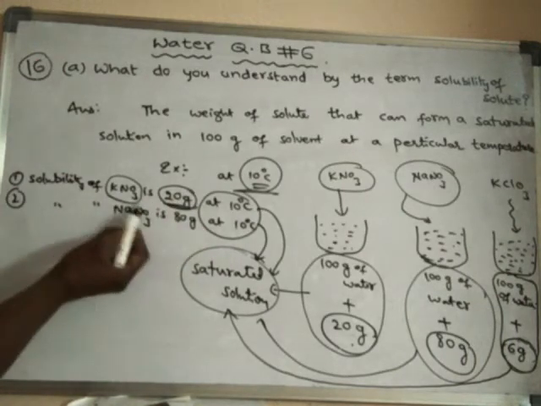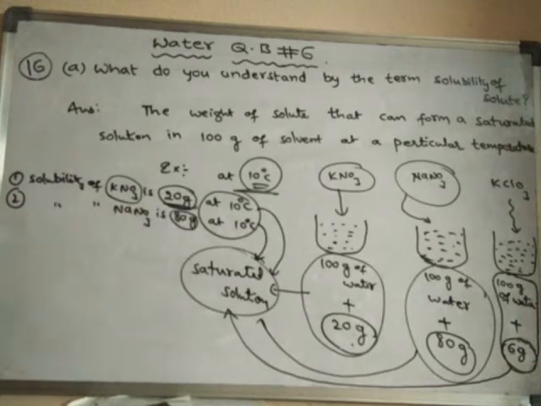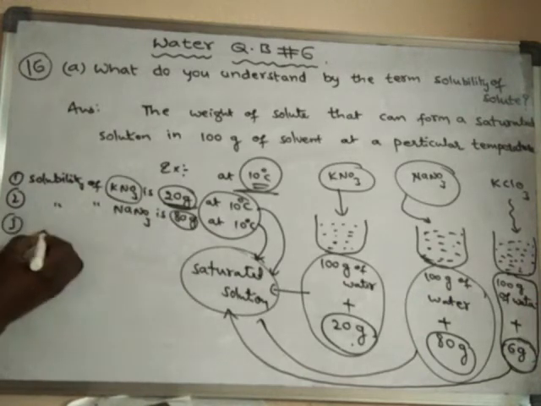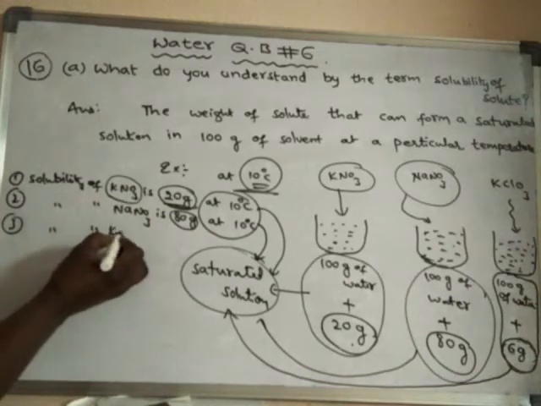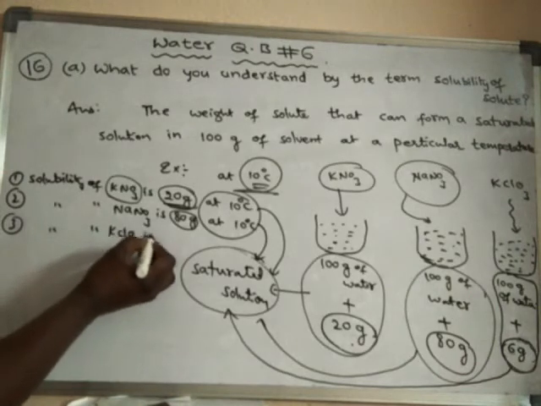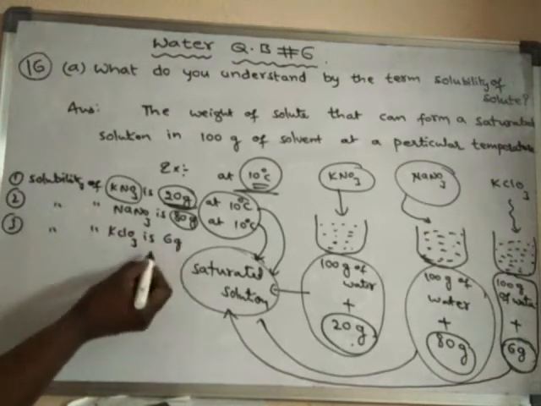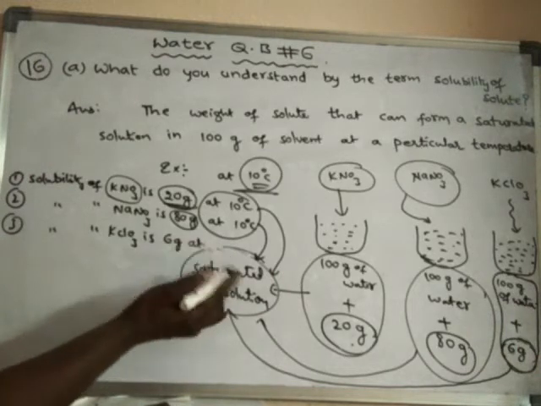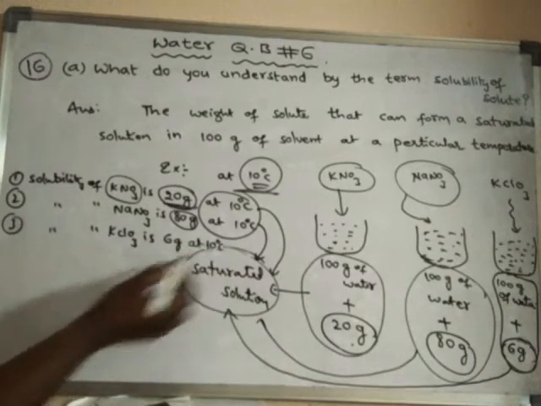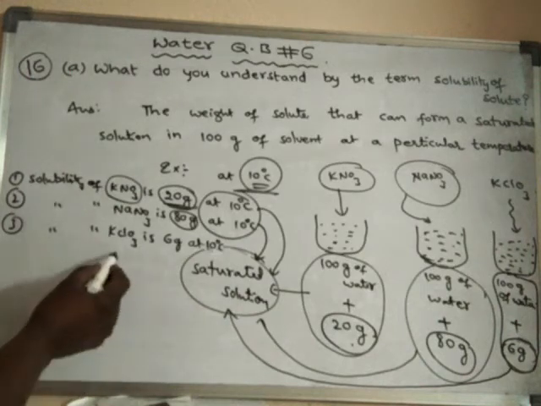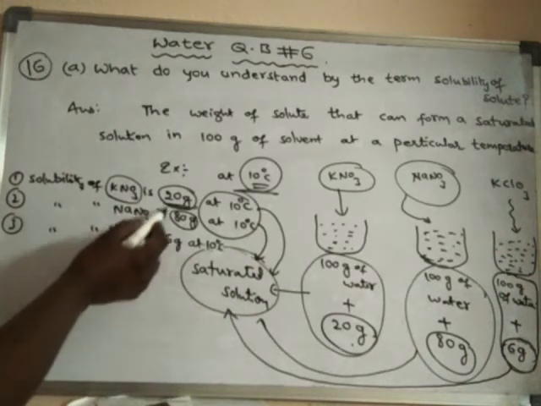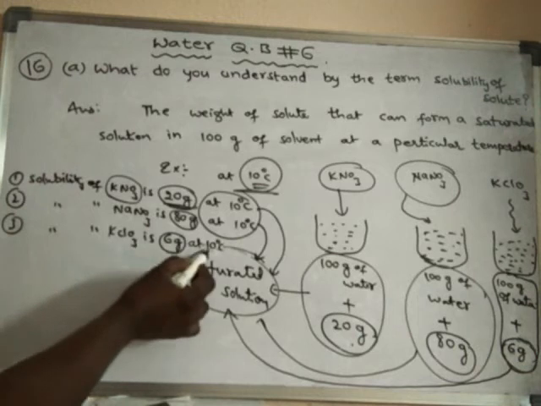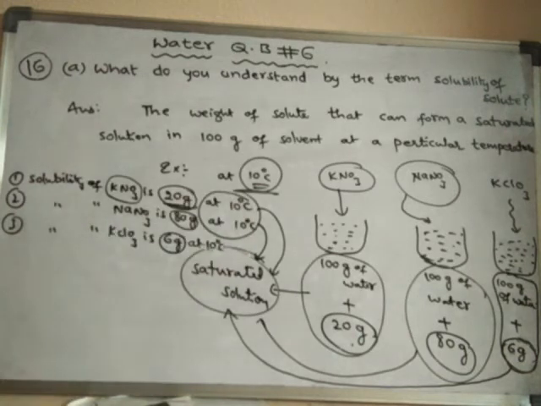So the solubility of NaNO3 is 80 grams. Next, solubility of potassium chlorate is only 6 grams around at 10 degrees centigrade. So from this it is understood that the solubility of different substances is different at a particular temperature.